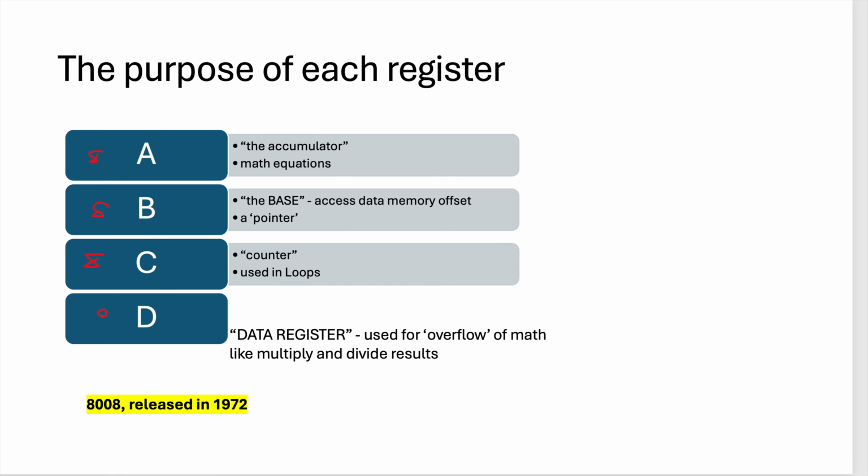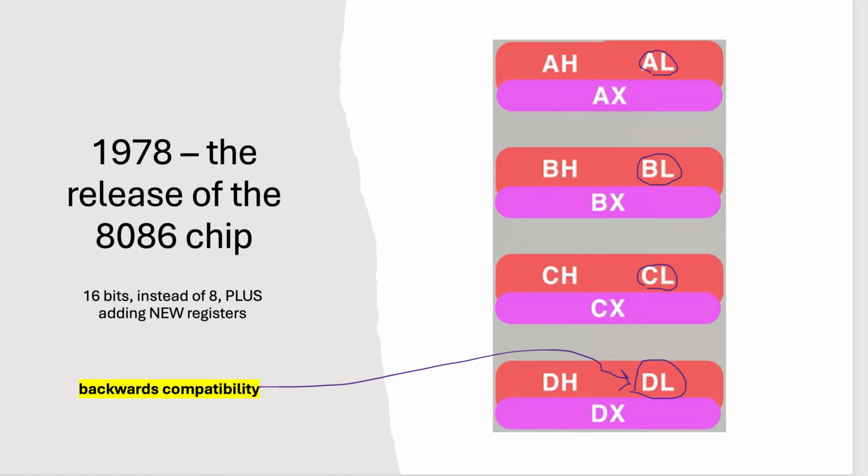All right. Now, the big thing about the next generation, the next chip that was released, is that it added an additional 8 bits, making it 16 bits. So this was your 8. This is another 8. Now, if you wanted to reference the entire thing in a row, you would just say AX.